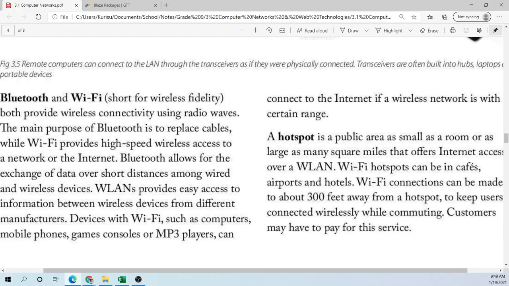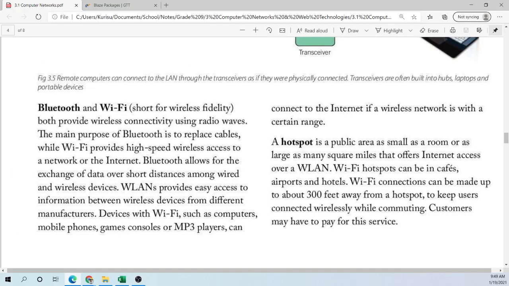Alright, let's look at some other examples of wireless connection. Let's see. Crystal. Don't we have two Crystals in this class? We only have one currently. Crystal Simon.